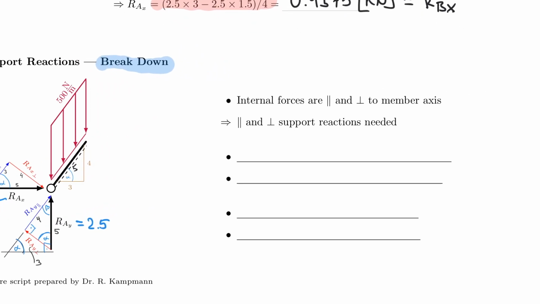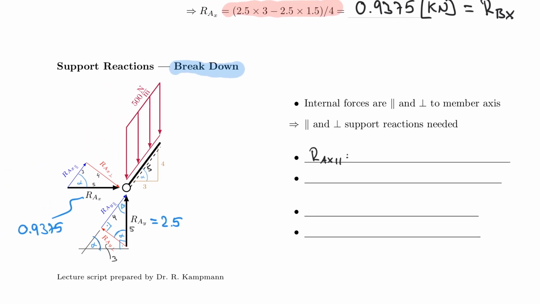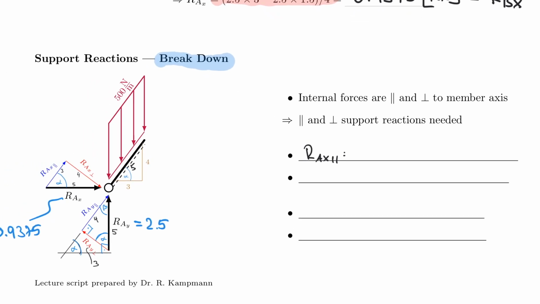Let's first calculate RAX parallel, and RAX parallel is equal to RAX multiplied by 3 divided by 5, right? So that is here RAX needs to be divided by 5 and multiplied by 3. And so that way I get RAX parallel.